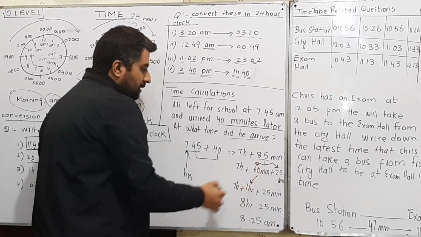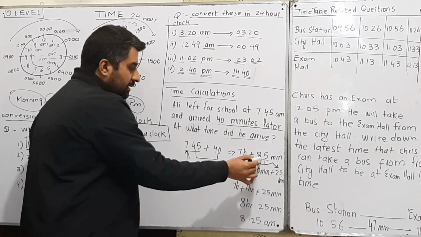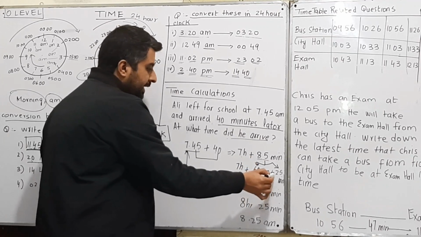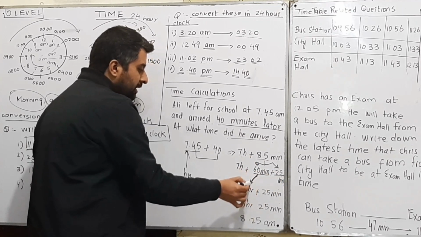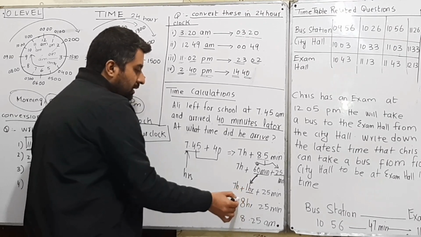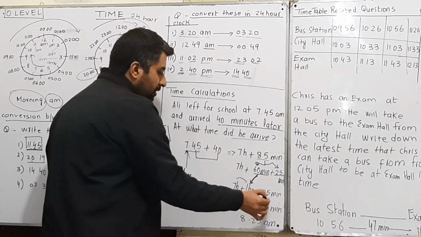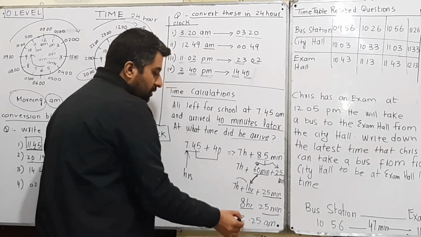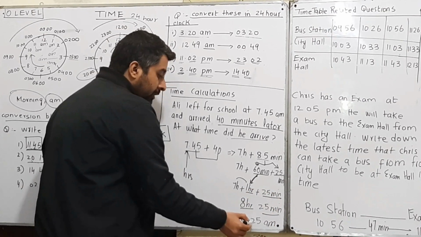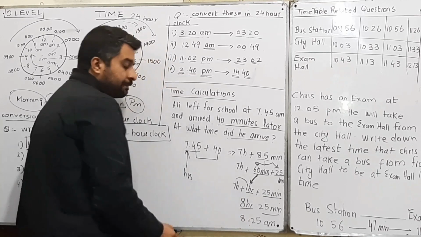We have split 85 minutes into two parts, 60 minutes and 25 minutes. 60 minutes will be converted into hours. So 7 hours plus 1 hour will be 8 hours and 25 minutes will be as it is. So he will reach school at 8:25 AM.